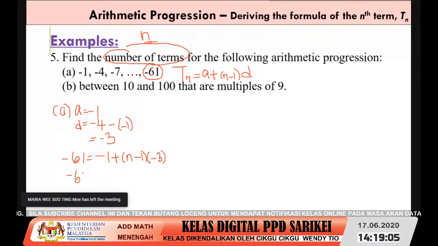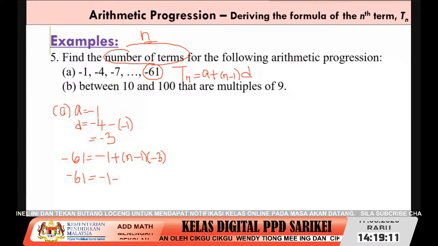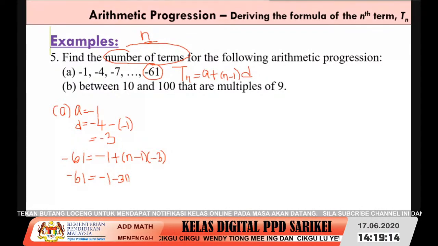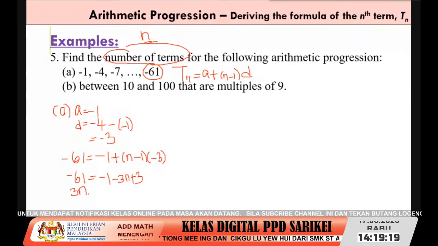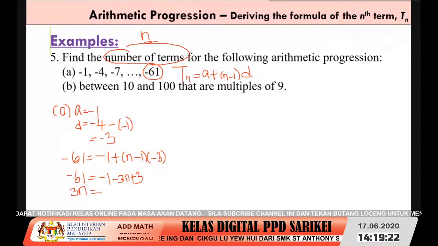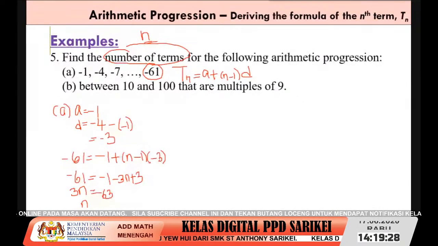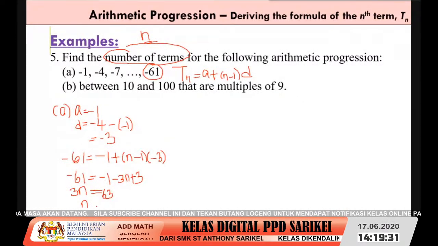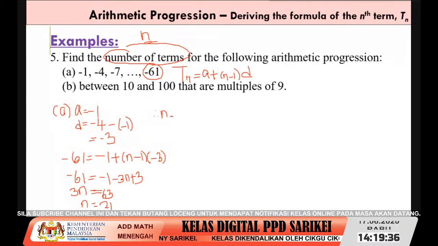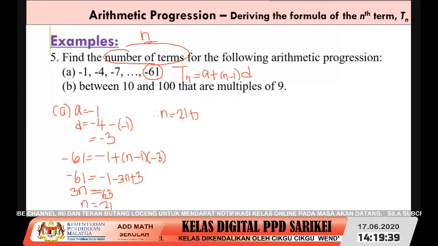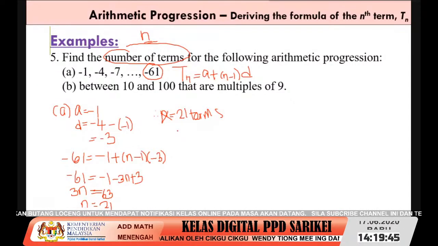So -61 equal to -1 minus 3n plus 3. So we will get 3n equal to 63. So our n is 21. So number of terms, n equal to 21 terms. Okay, or you no need to write n also can, because the question asks you the number of terms.